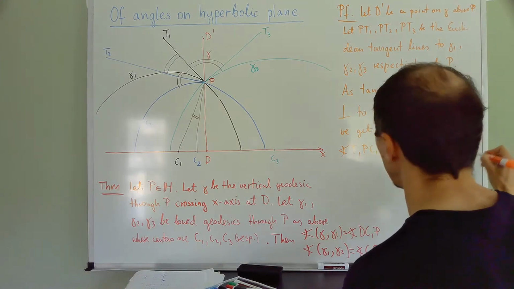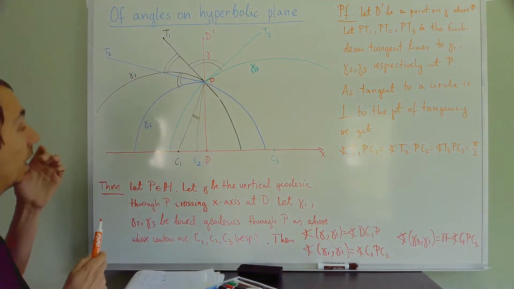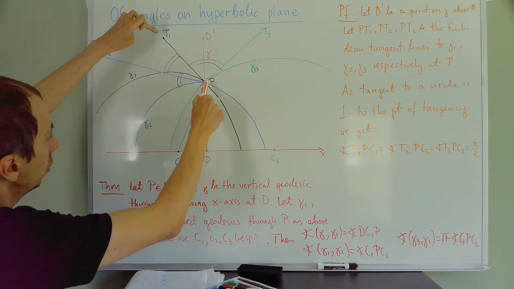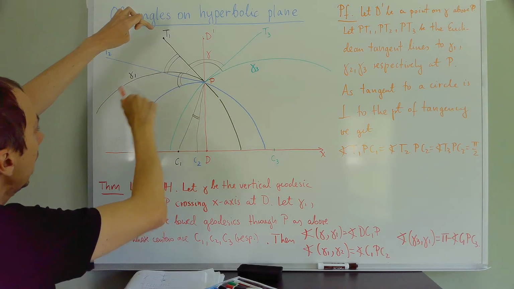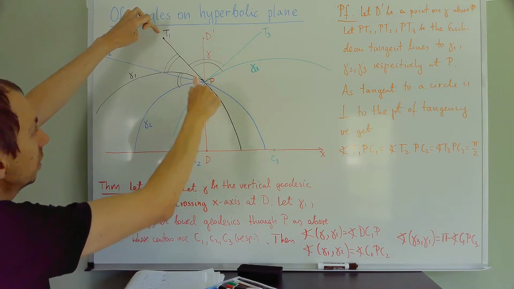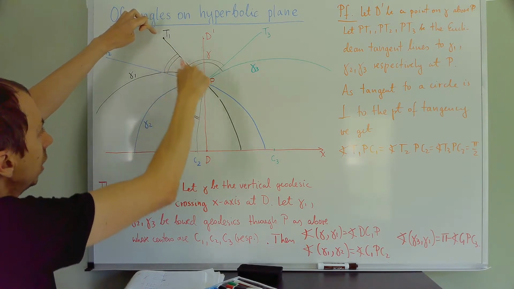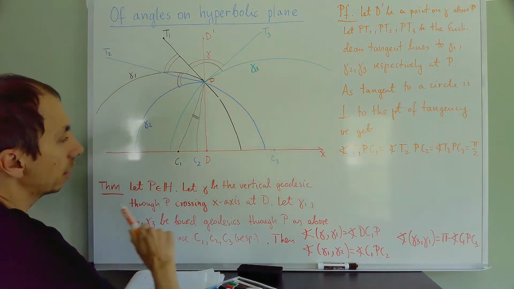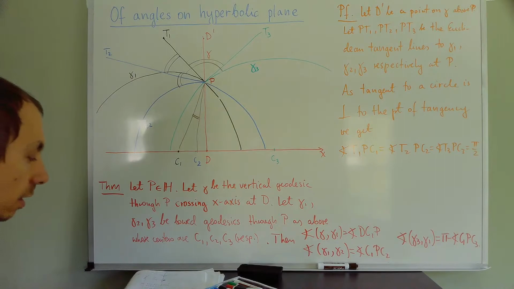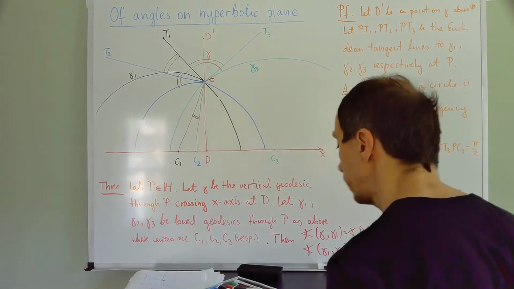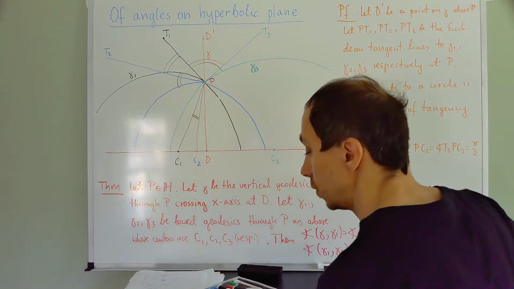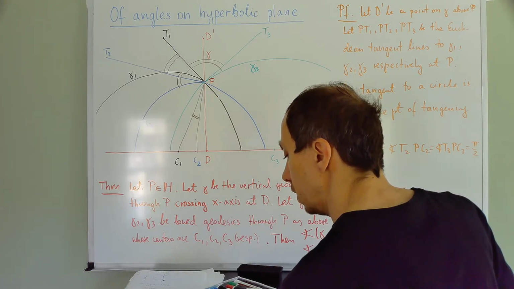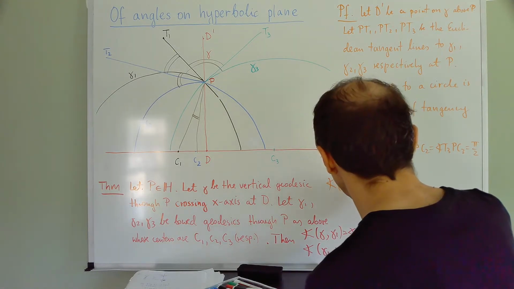They're all right angles, right? Because C1 to P is the radius of this black circle, and the black line is tangent to the circle at point P. So the tangent line forms a right angle with the radius. So T1 P C1 is a right angle, and the other ones are right for the same reason. So what does that give me? All right, so I want to compute the angle between the gamma. Actually, let's do gamma 1, gamma 2 first.